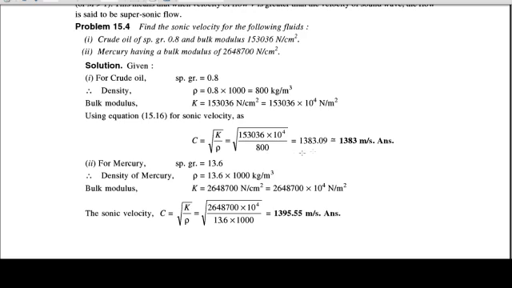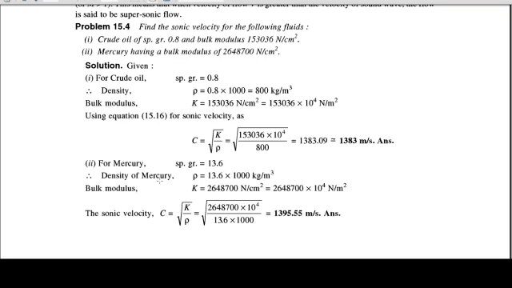So we are getting the value of c as 1383 meter per second. Okay, so the solution for case 1 is that we are getting the value of c as 1383 meter per second.